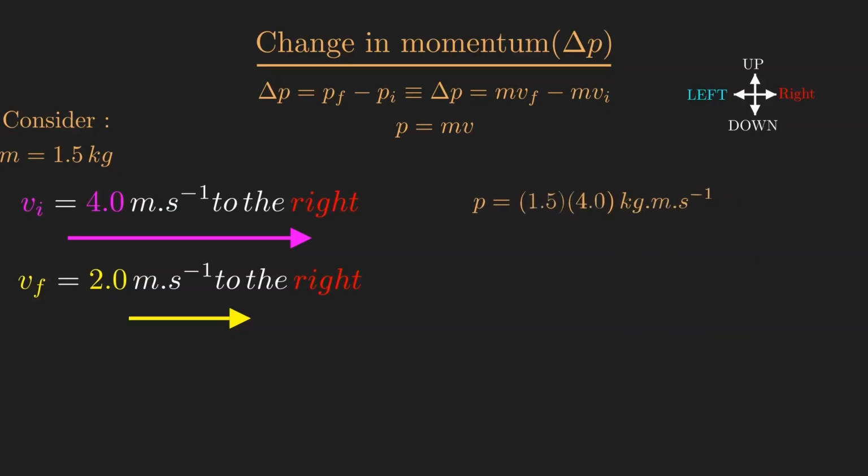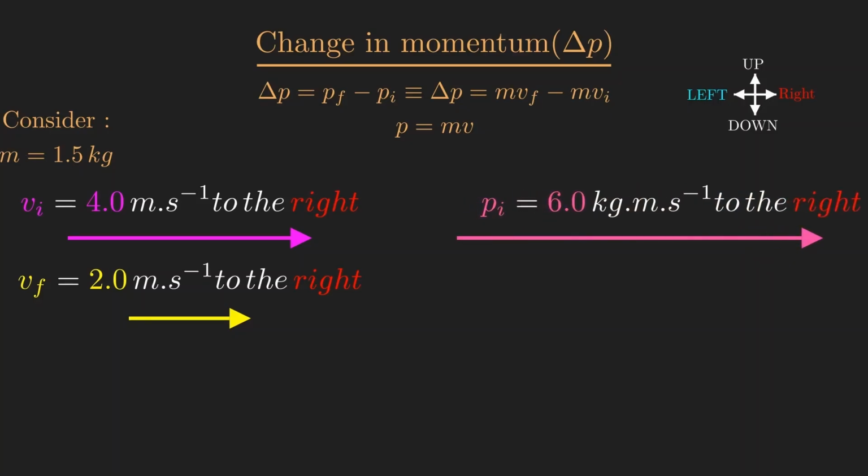We interpret momentum as a scalar multiple of velocity, and the initial momentum is scaling the initial velocity by 1.5. So that is 1.5 times 4, and that gives us 6. So then the initial momentum is 6 kilograms meters per second to the right.